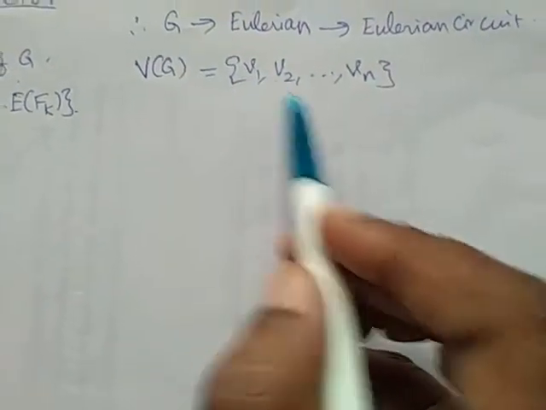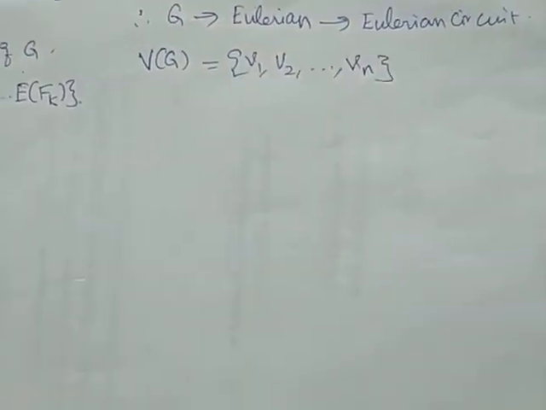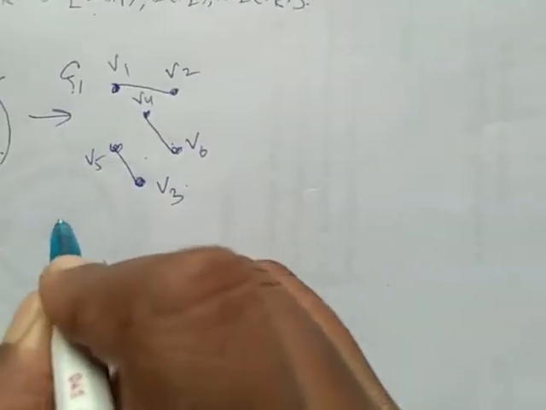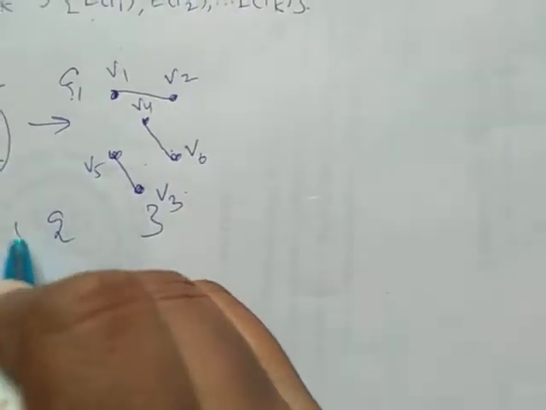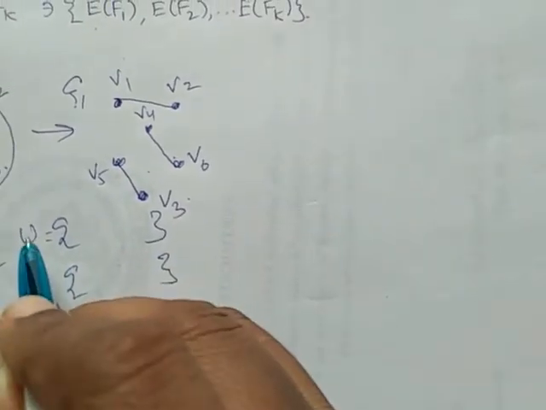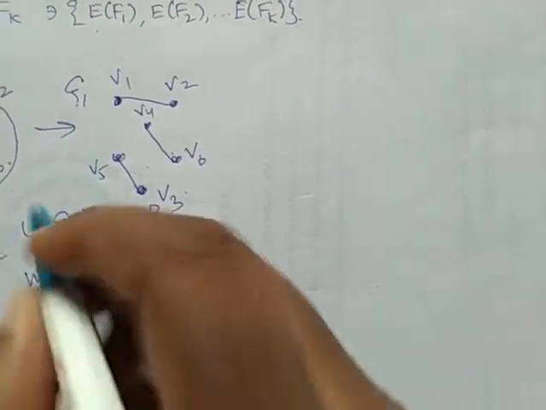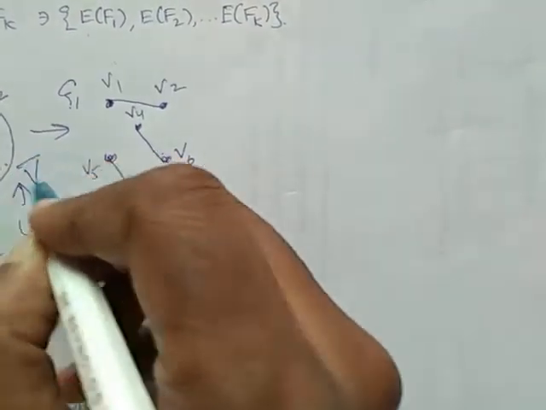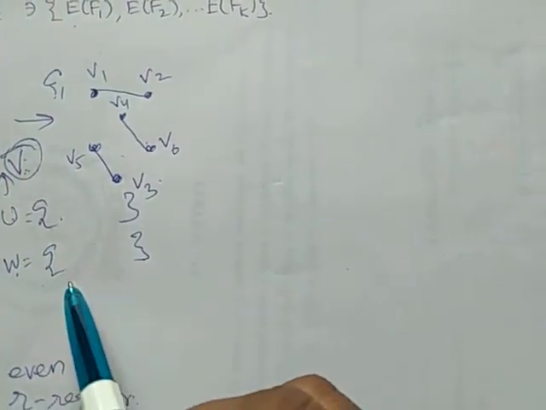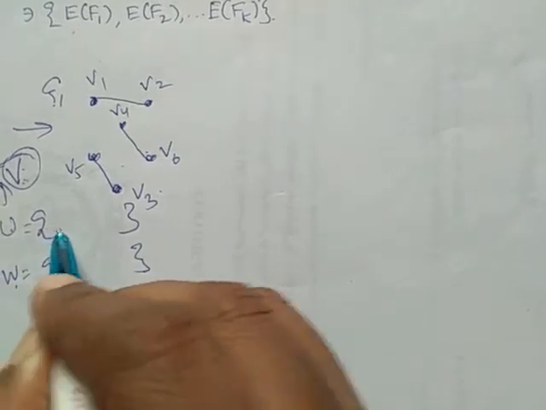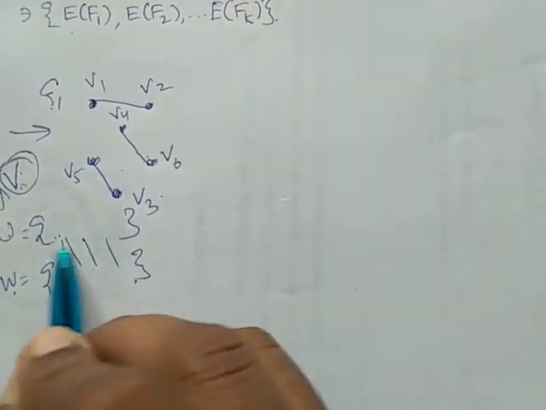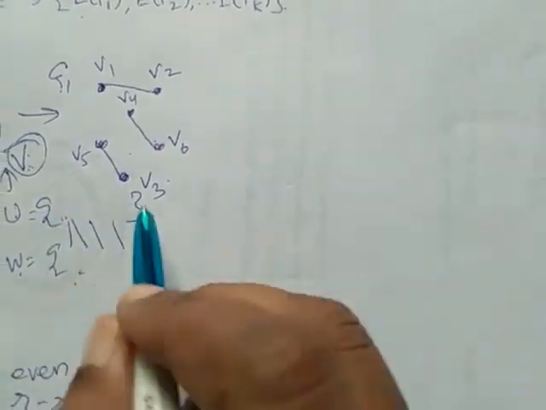We are going to divide these vertices into 2 sets. And what is a bipartite graph? If this is one set and this is another set of vertices, the union of U and W gives the total vertex set of G. So, we can divide all the vertices into 2 sets such that a vertex in U is adjacent to W, and vertices in U are not adjacent to each other.